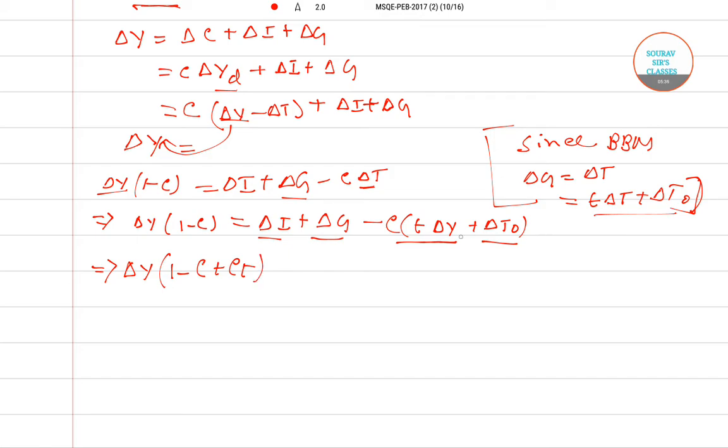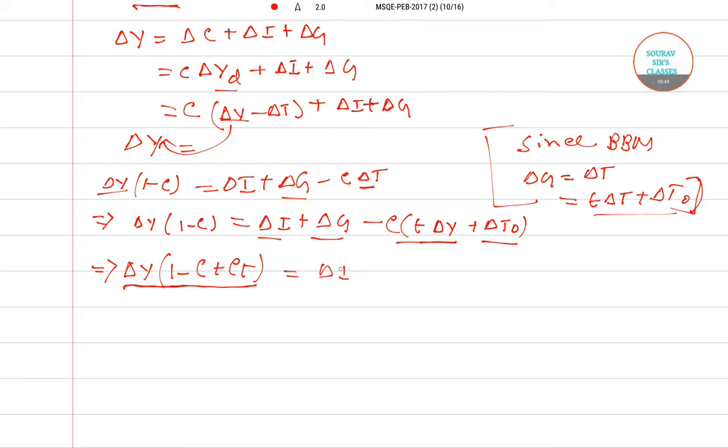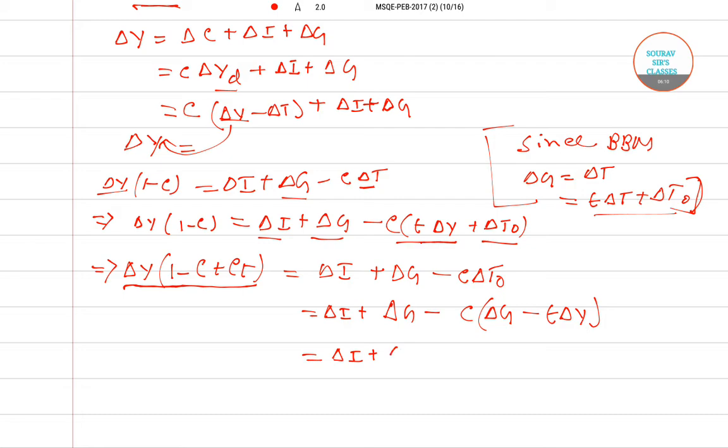If you take this on the left hand side, you get change in y into 1 minus c plus ct equals change in I plus change in g minus c change in t0, which is equal to change in I plus change in g minus c change in g minus ct change in y. So you can also write it this way.